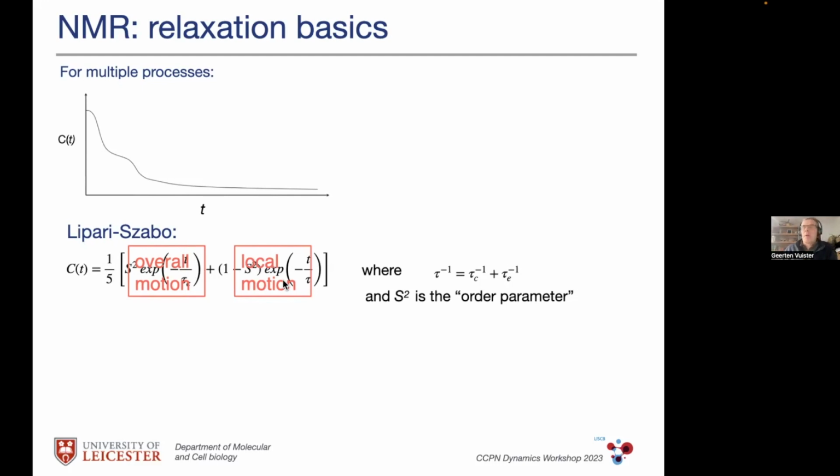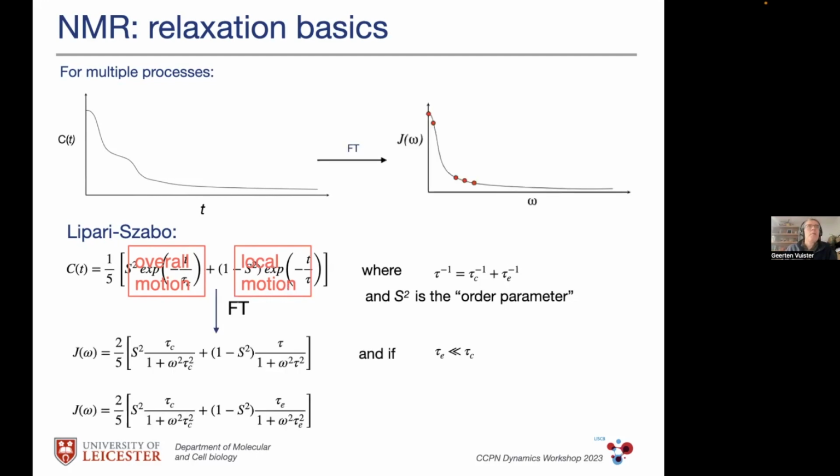Now, we need to do the same recipe, we can just do a Fourier transform of that one. So this is the Fourier transform, which gives us the sum of two Lorentzians. And then if we indeed assume that the one time scale is much smaller than the other one, we can just reduce this to two independent terms, which are just added with their S squared or 1 minus S squared values.